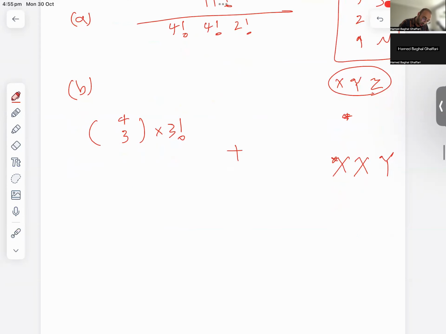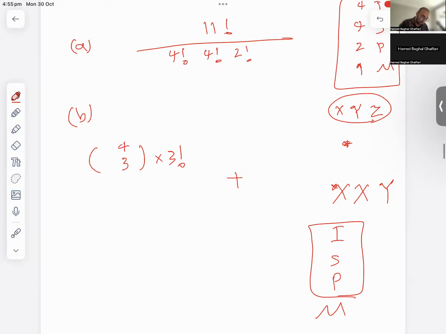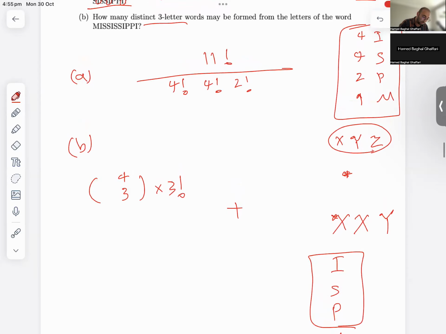I, S, P, and we cannot do it for M, because M appears just one time.